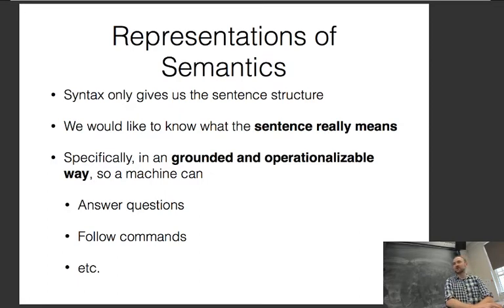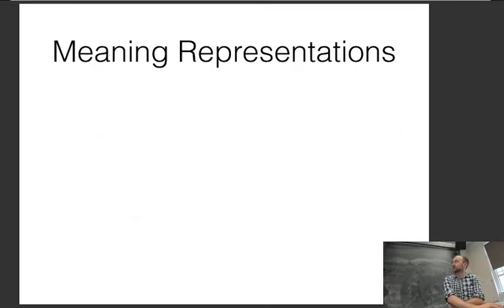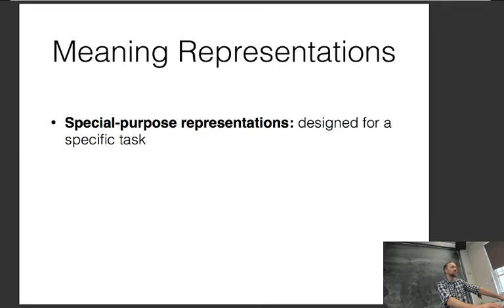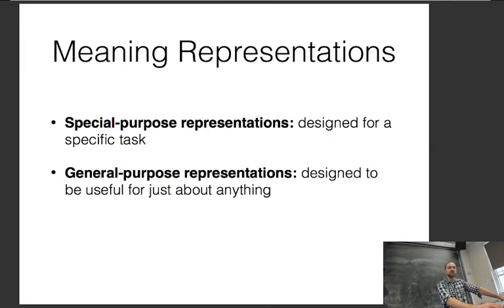And then there's lots of other things that you could consider asking your computer to do. So representations of meanings, there's lots of different ones. There's special purpose representations that are designed for a specific task. There's also general purpose representations, and these are basically designed to allow you to do anything.